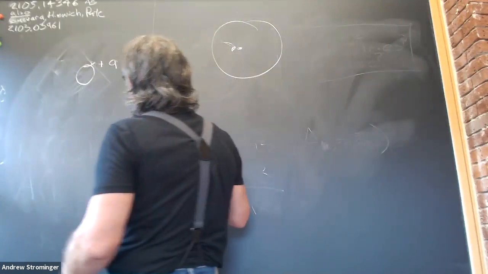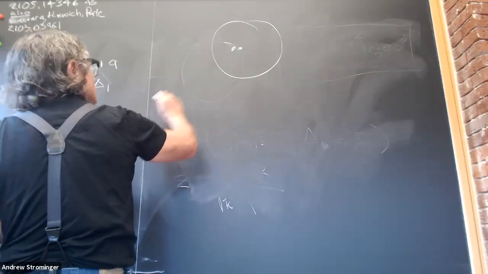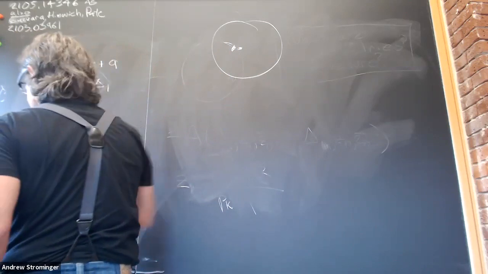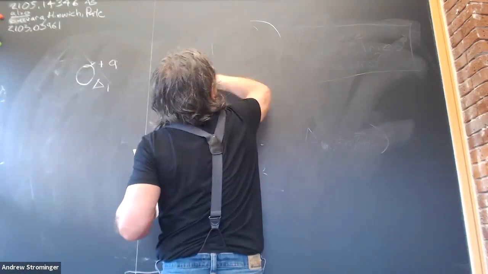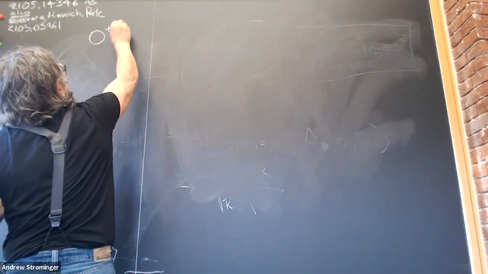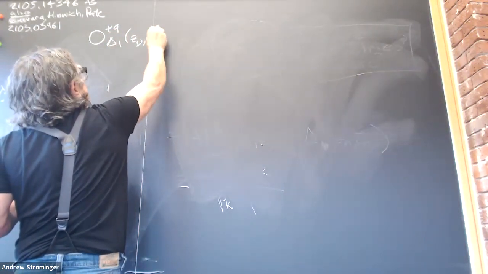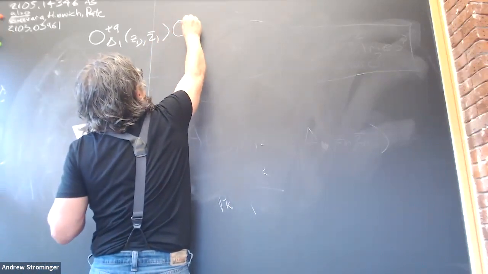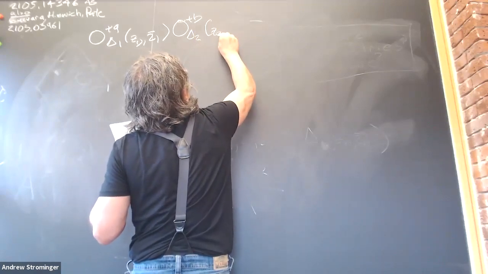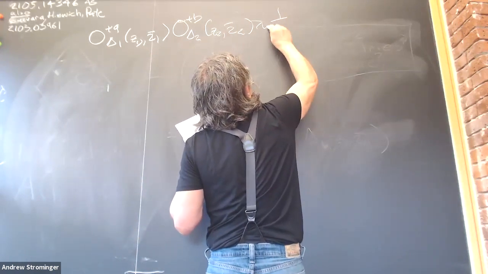each other. And so the formula is O plus A delta 1 of Z1, Z bar 1, O plus B delta 2 of Z2, Z bar 2 goes like 1 over Z1,2.